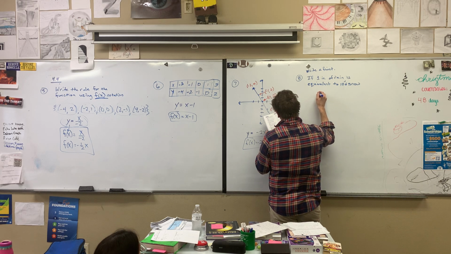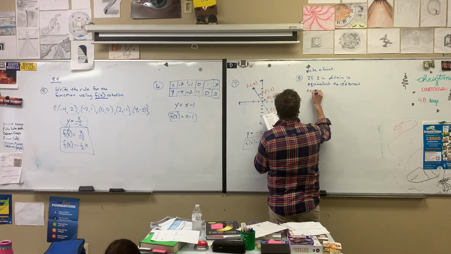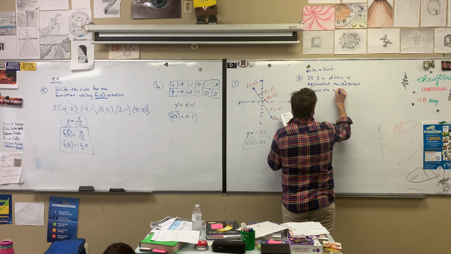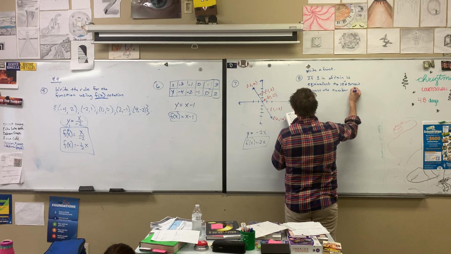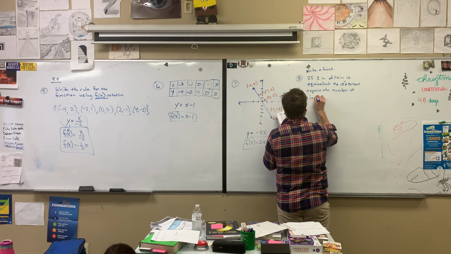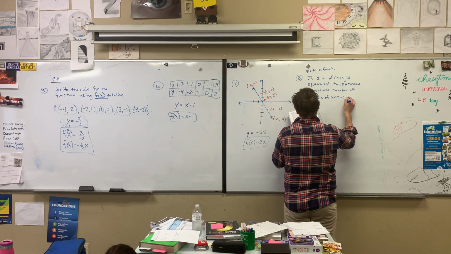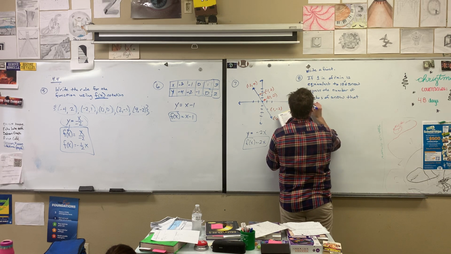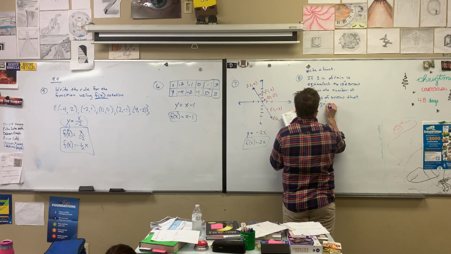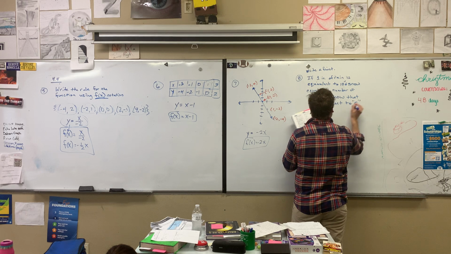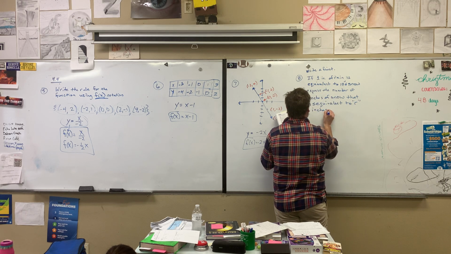Equivalent to 10 inches of snow. Express the number of inches of snow that is equivalent to R inches of rain.